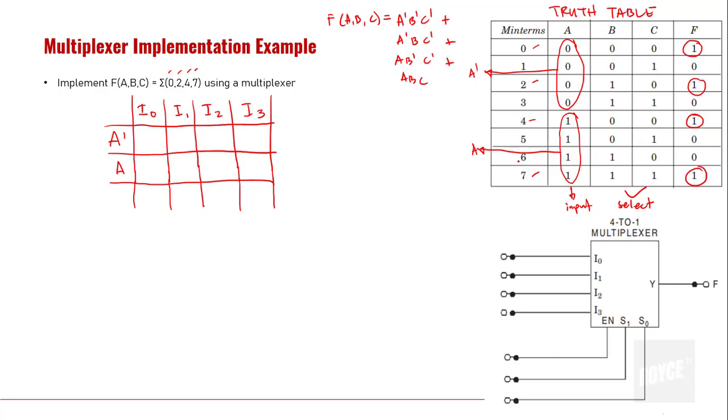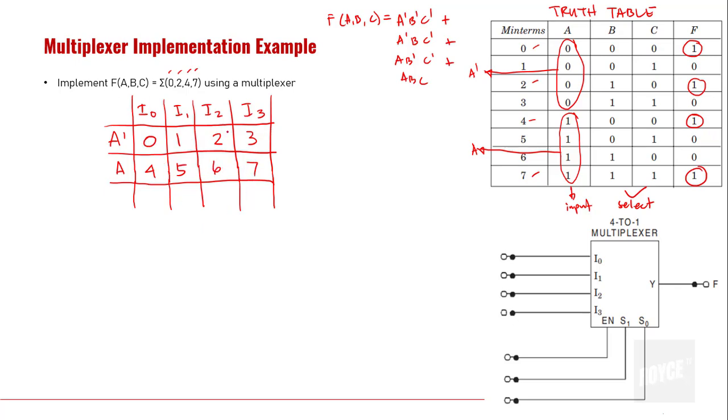Okay? Now, we are going to locate the ones. Mapapansin nyo that yung 1 sa output natin ay nasa minterms 0, 2, 4, and 7. So, lalagay natin yan dito. 0, 1, 2, 3, 4, 5, 6, 7.